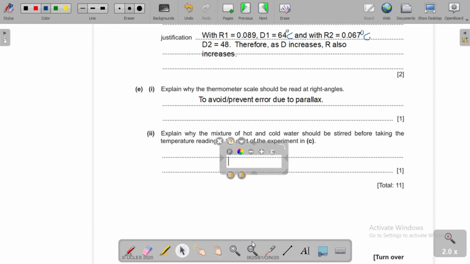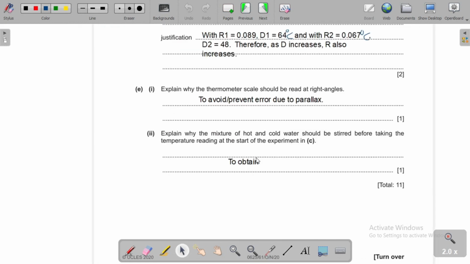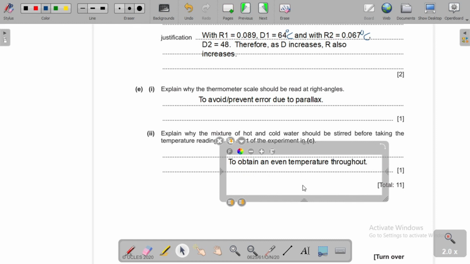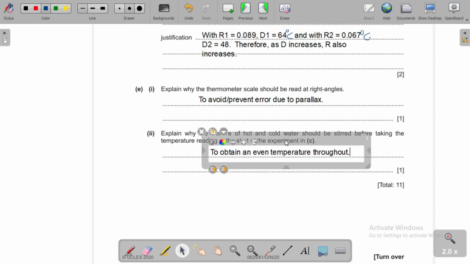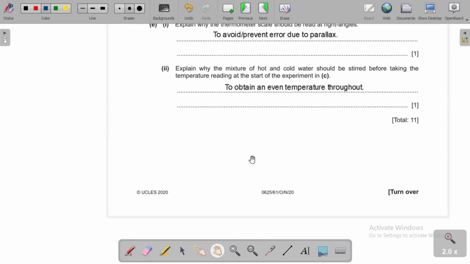So I'll just write to obtain an even temperature throughout. Okay, that solves the question. And so let's go to the next one.